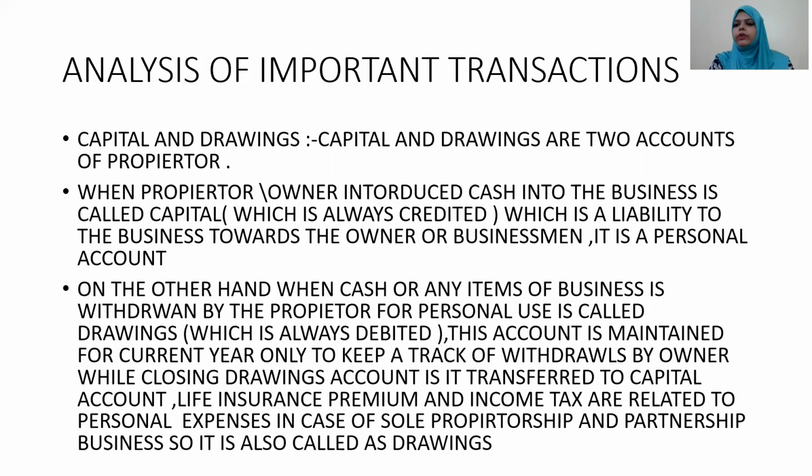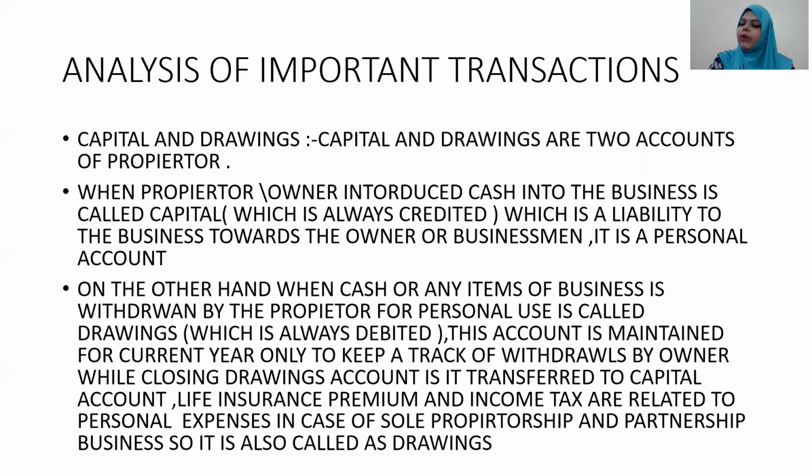So moving forward, capital is a liability to the business towards the owner or the businessman. Liability means it is a credit amount which is owed to the owner of the business. Because I am the owner of the business, I have given my money to the business, so the business owes me.